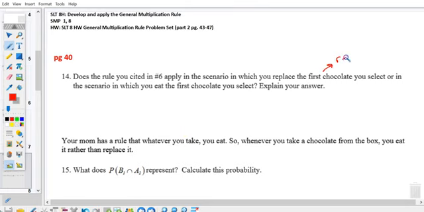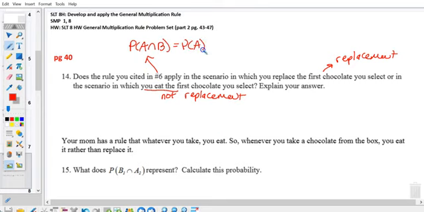So this was replacement. This was not replacement. And the rule we cited in number 6 is two events happening, A and B, is the probability of A times the probability of B, only if the events are independent.